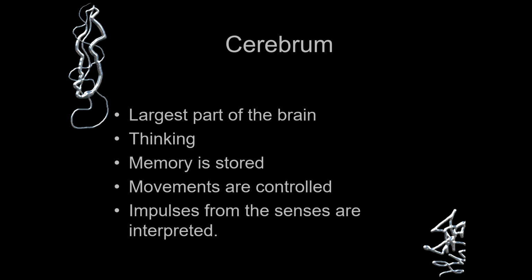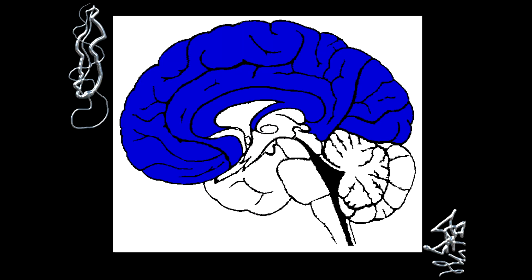If you want to raise the hand in a class, you can just raise the hand. That's a movement. You're ordering your brain to perform a certain task, that is to lift up your right hand and ask a question. Impulses from the senses are interpreted, like we were just discussing. So this is the full model.